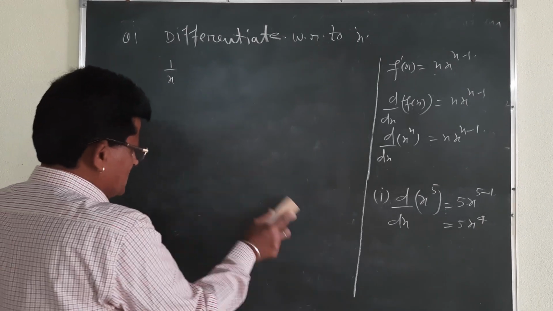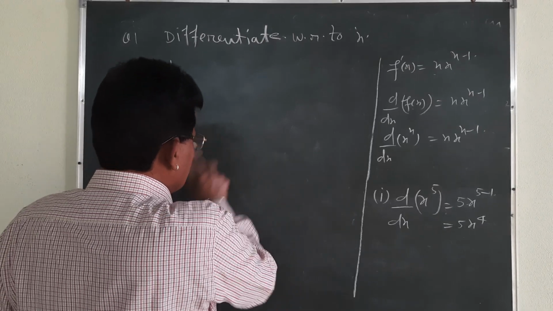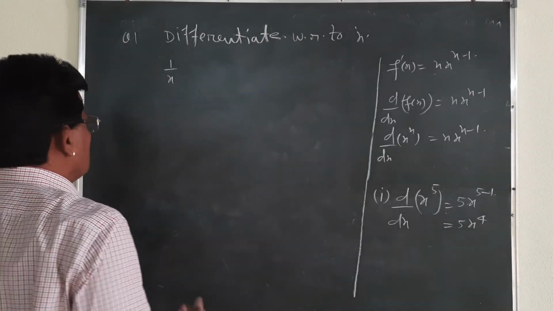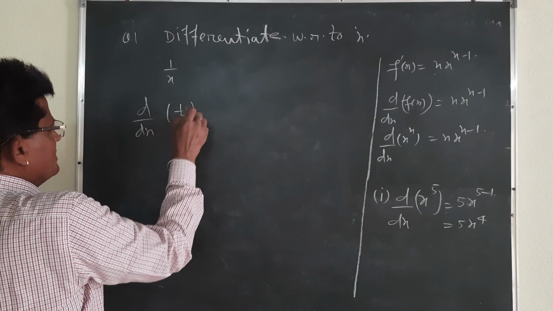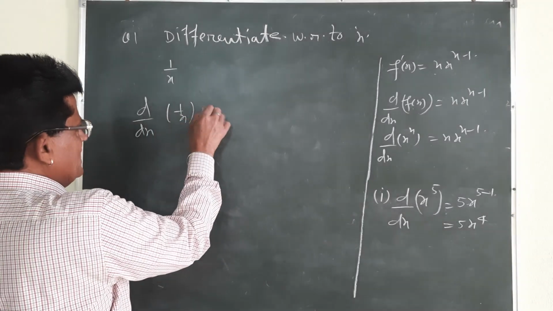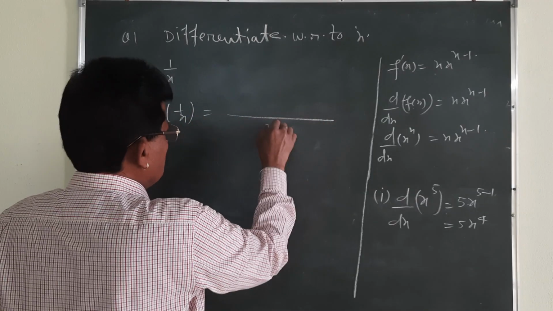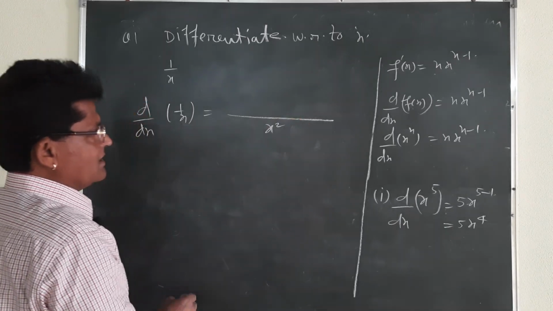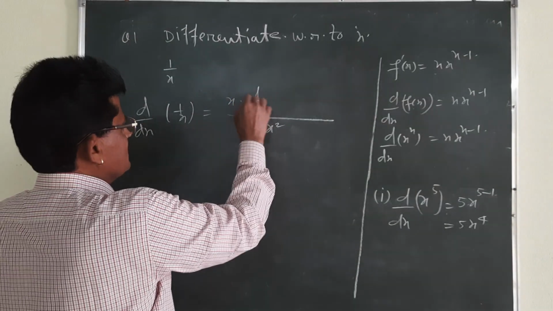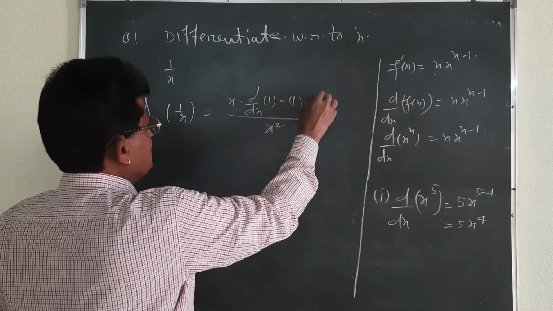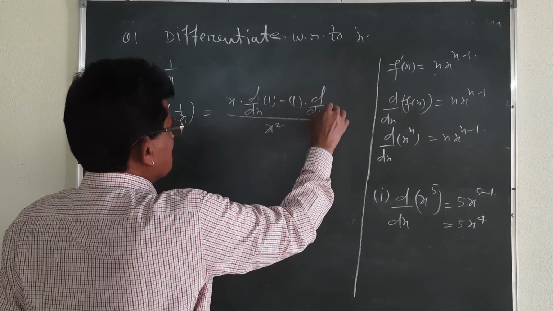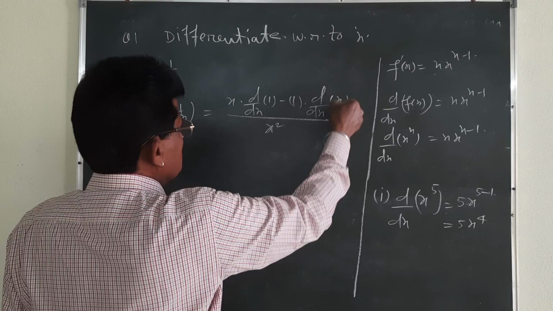Whenever a real function will be divided by a real function, 1 upon x, 1 is real, the denominator is real, then I told you take the square of the denominator, x you take as it is, and the derivative of the numerator.